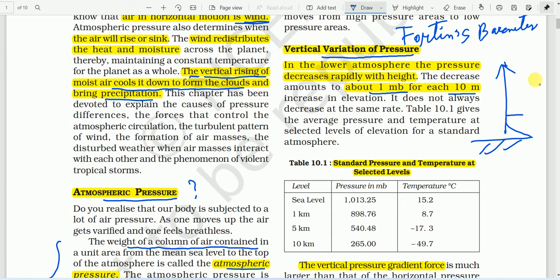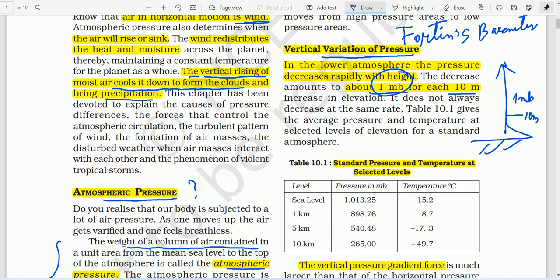If you move upward about 10 meters towards the sky, pressure will decrease by 1 millibar. But it is not uniform.